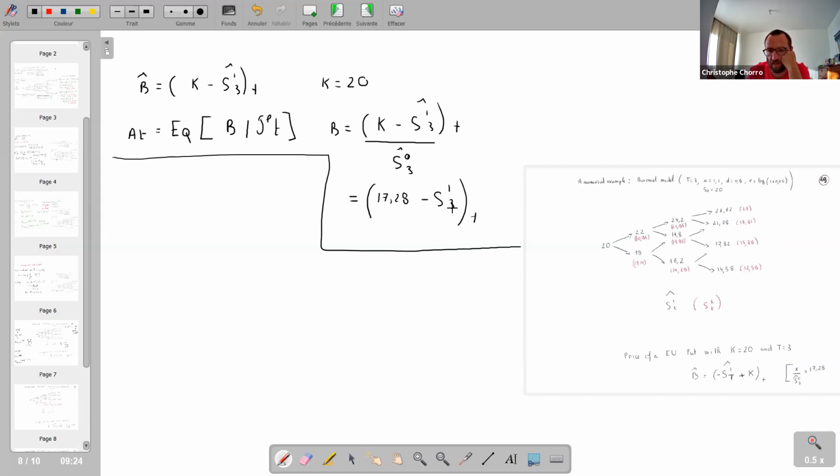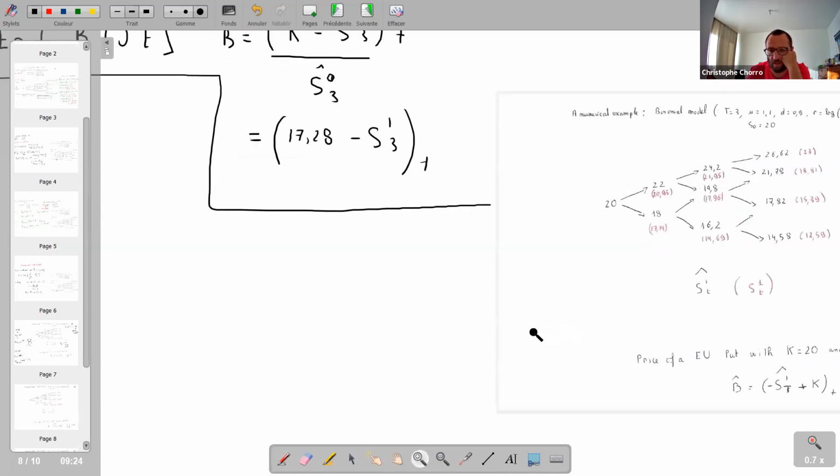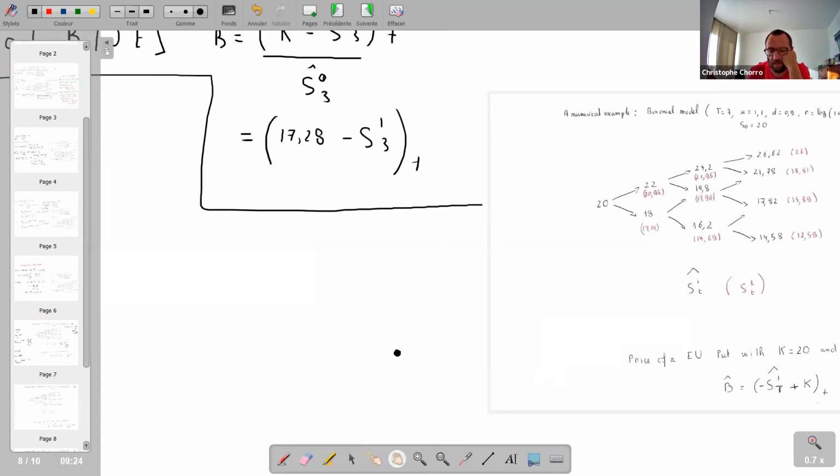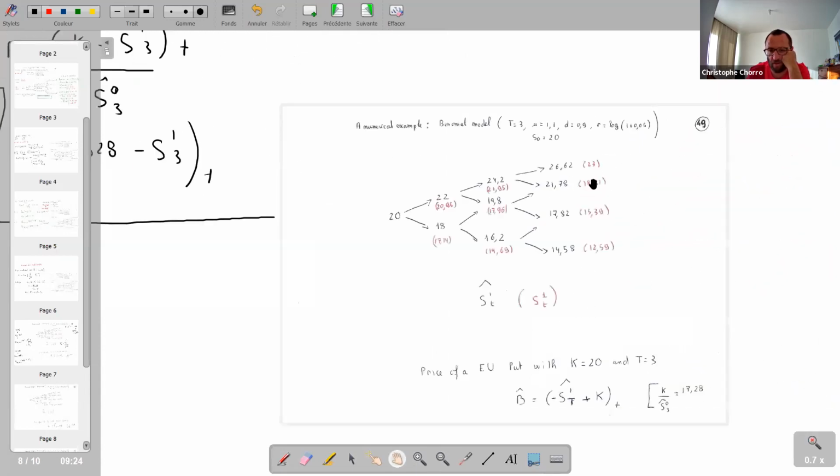Keep in mind that in red here you have S₁ at time T. So you have S₁³ in this case, that is 23, S₁³ that is this one, this one, and this one.